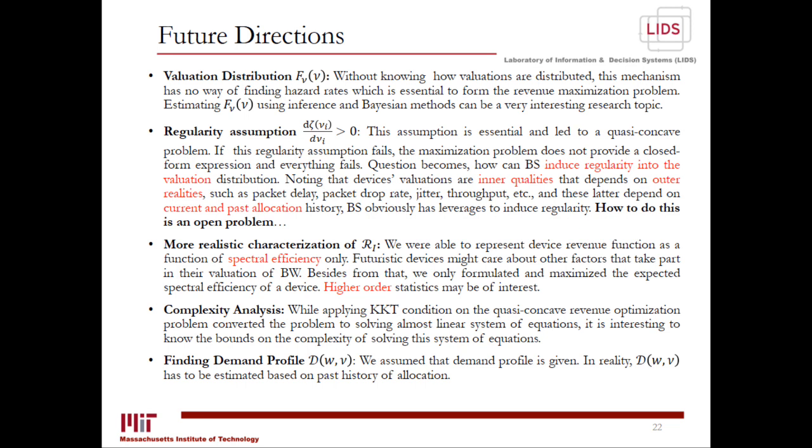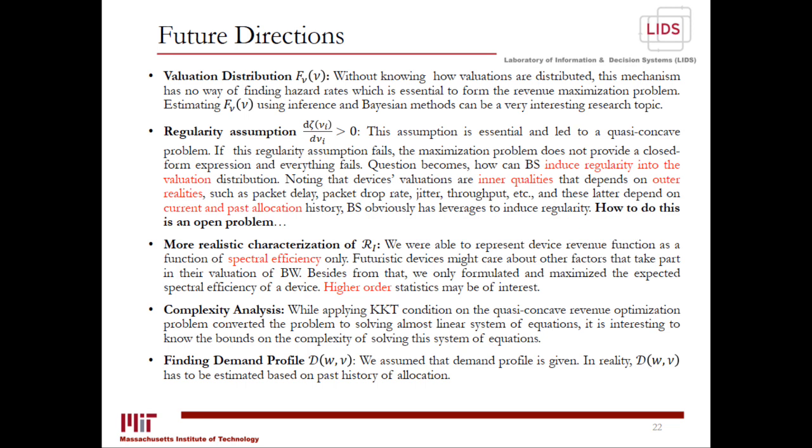There could be much better results if we can use inference techniques and Bayesian methods in order to obtain a more precise characterization of the probability density function. Because at the end of the day, if we don't know this with precision, the entire allocation mechanism is going to drift from its optimal point.